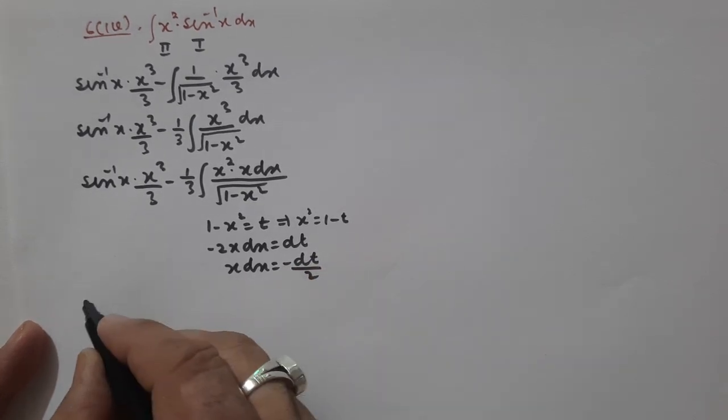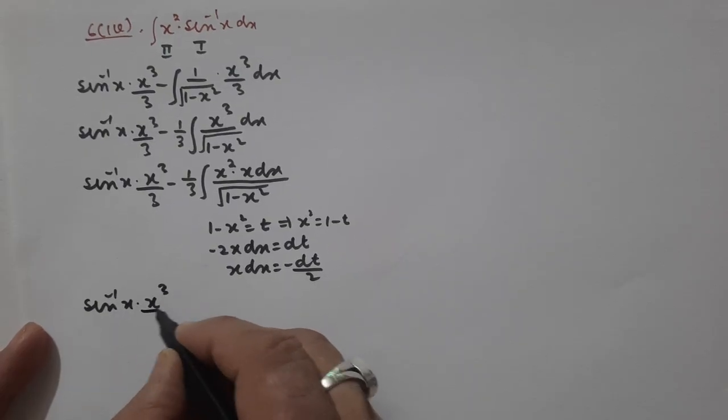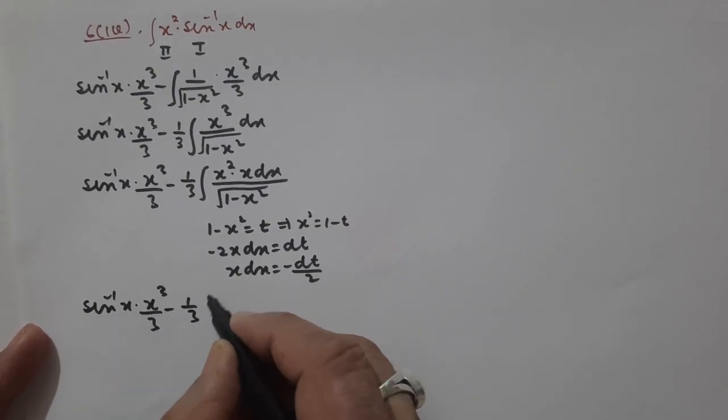Putting all these values, we get sine inverse x into x cube upon 3 minus 1 upon 3.